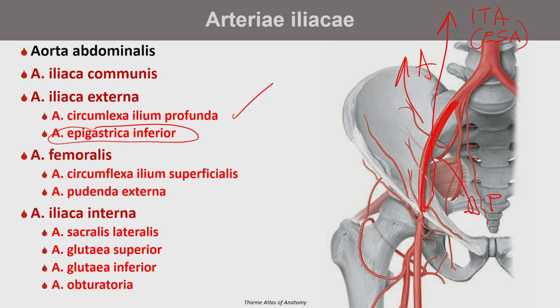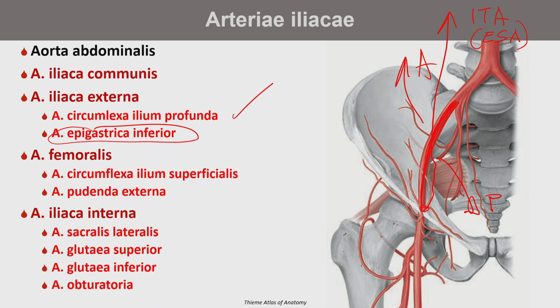This origin is also very important, because if you remember the inguinal channel, this is the landmark where we can distinguish whether the inguinal hernia is direct or indirect. Direct is medial, indirect is lateral.